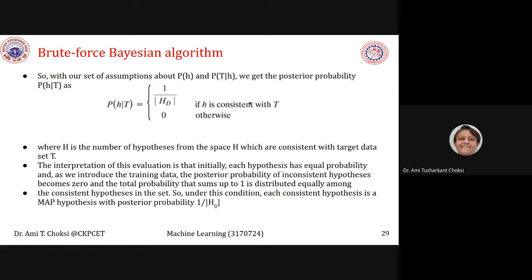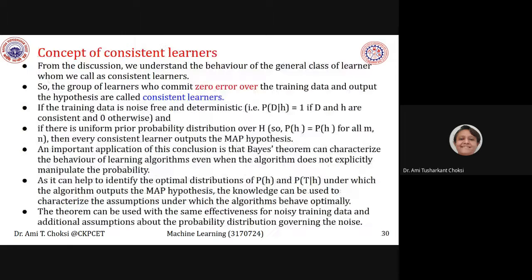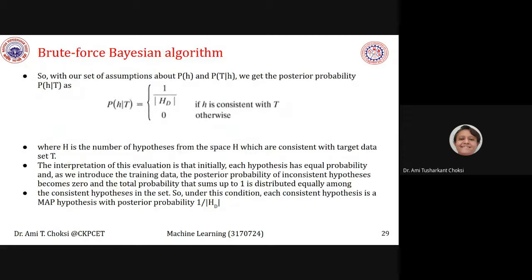So where the value is useful, let us learn next. The concept of consistent learners: from the discussion which we have done, P(h|T) is 1 upon |HD|, right?